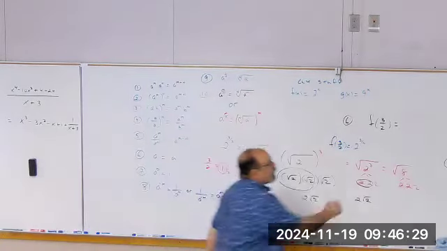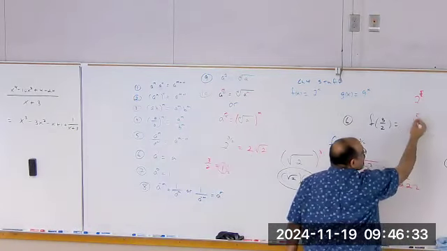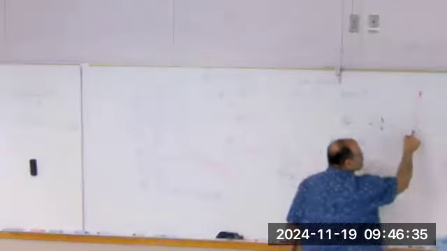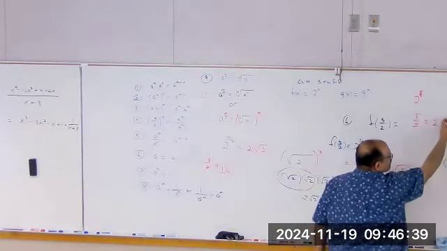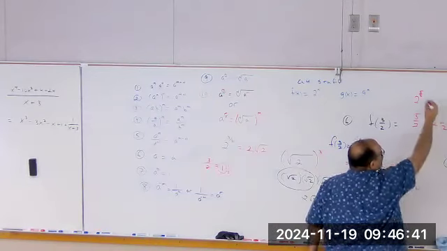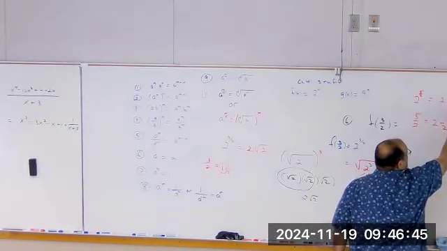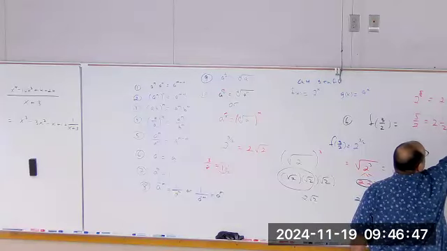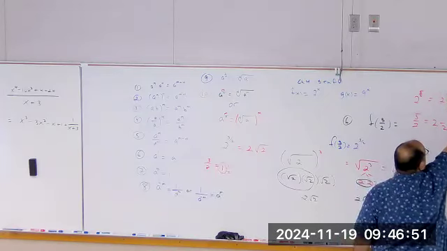If I had 2 to the 5 over 2, how many times does 2 go into 5? 2. What's the remainder? 1. So 2 2s will escape, and there will be a remainder of 1 2 back in jail. So this would be 4 square root 2.